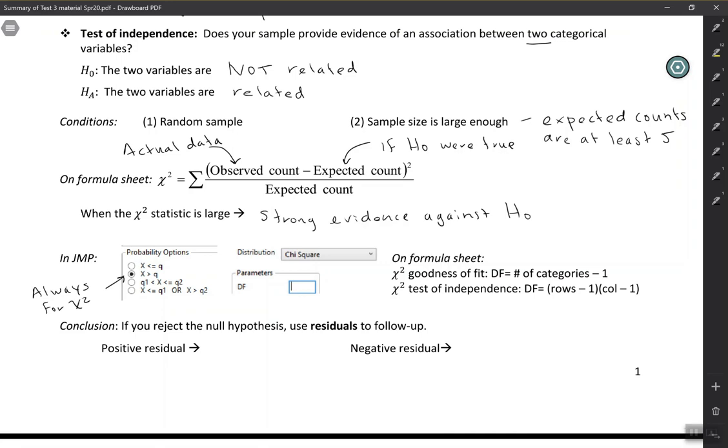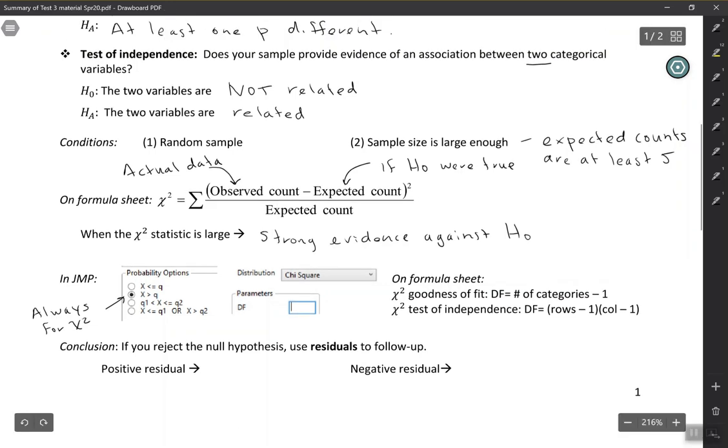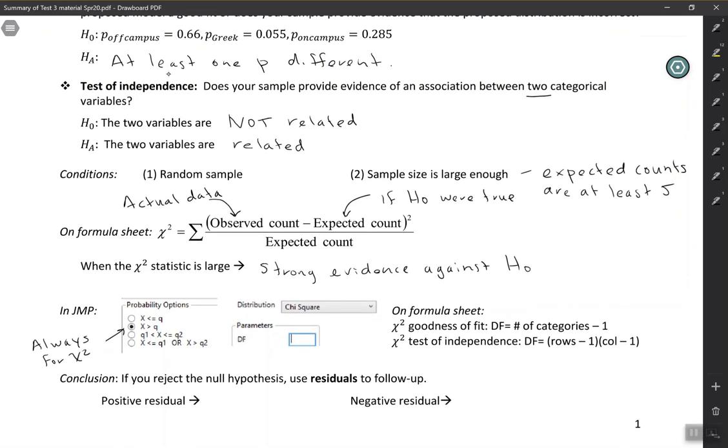And then for the degrees of freedom of the chi-squared distribution, it depends on what type of test you have. So this is given on your reference sheet, the formulas for the degrees of freedom. So again, it's really important, first of all, to figure out what type of test you're doing, and then you can use the information that's given on the reference sheet. Okay? So you can draw a conclusion based on your p-value, but remember, your conclusion is just going to be that at least one of the proportions is different.